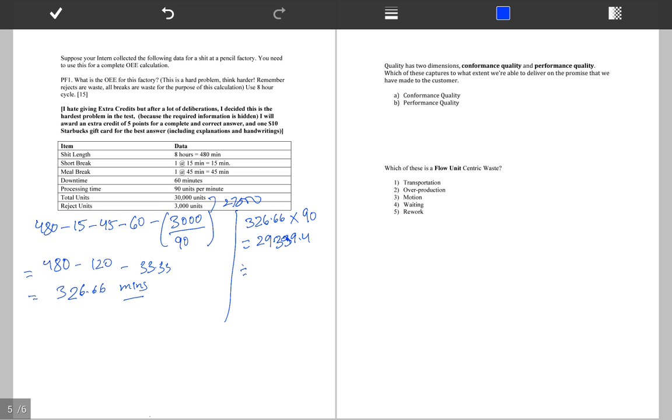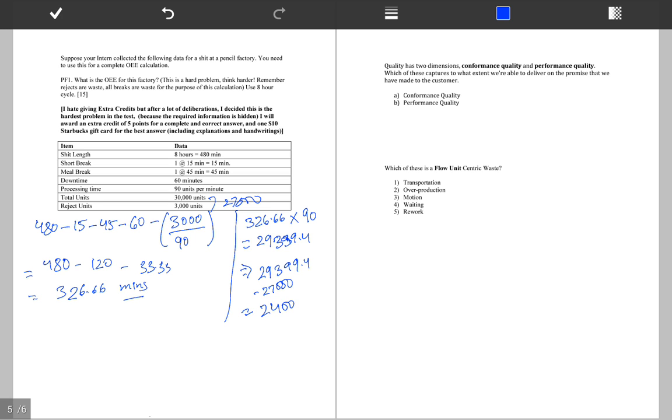They underproduced by 29,399.4 minus 27,000, which equals about 2,400 parts.